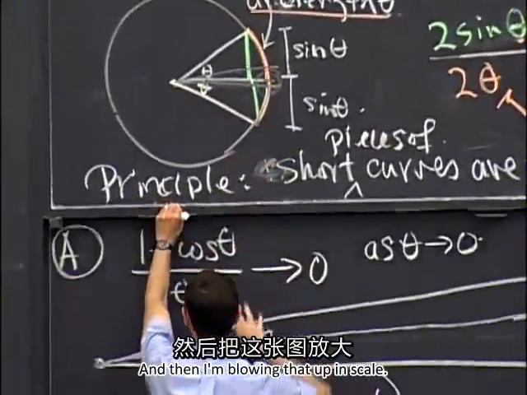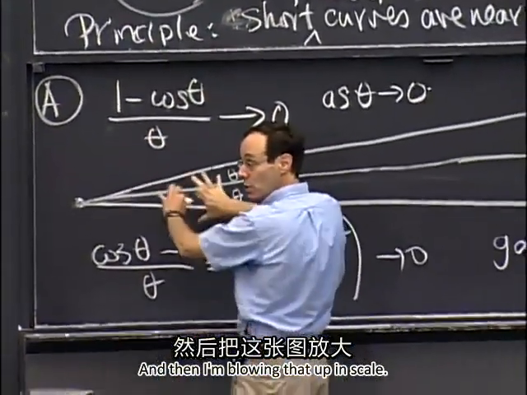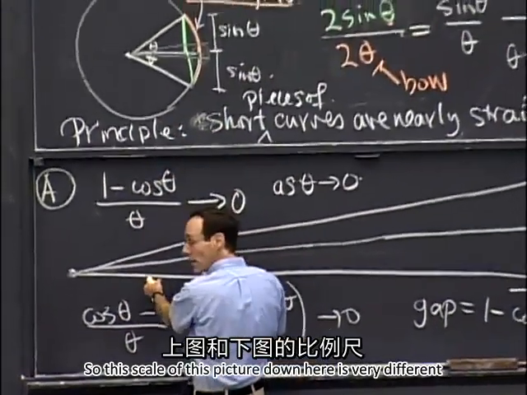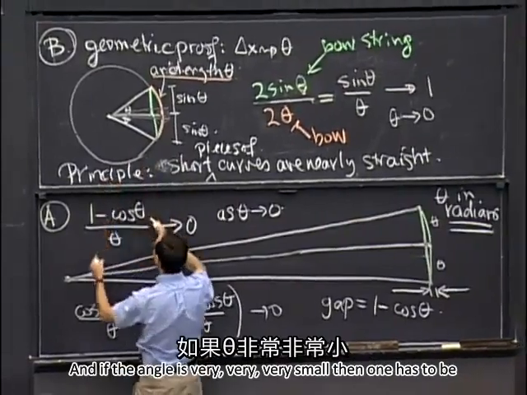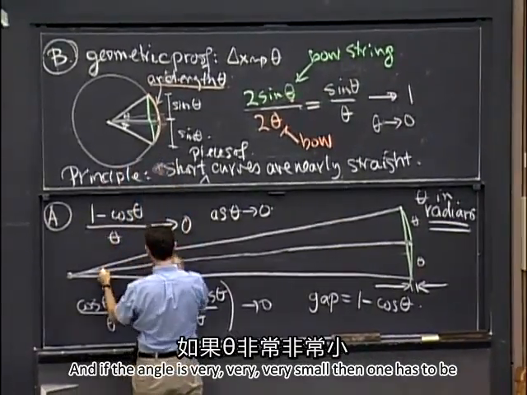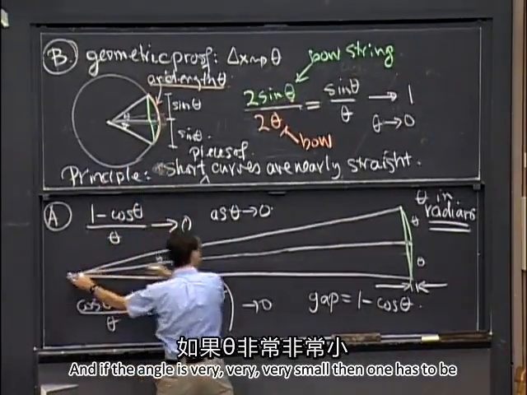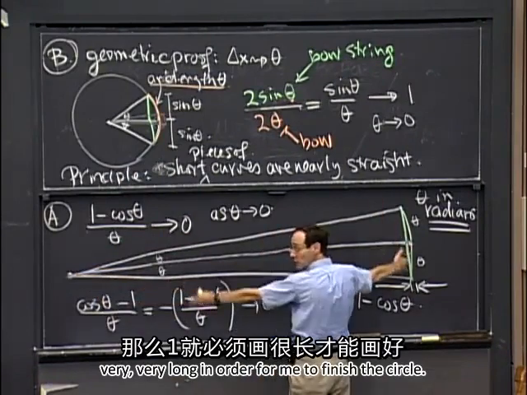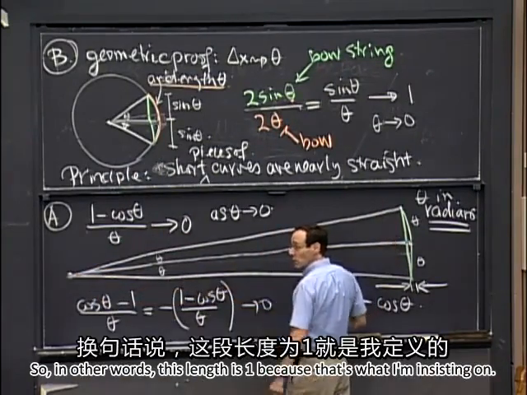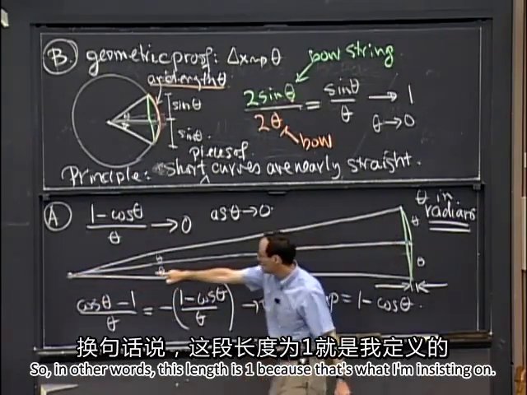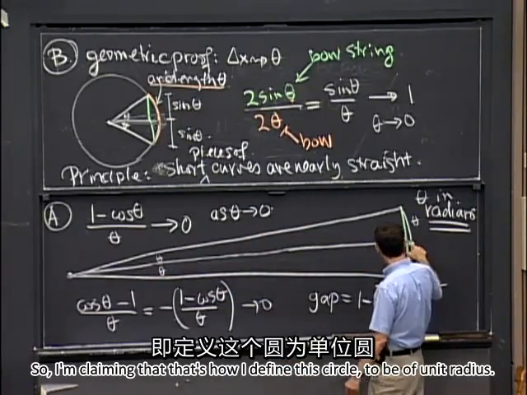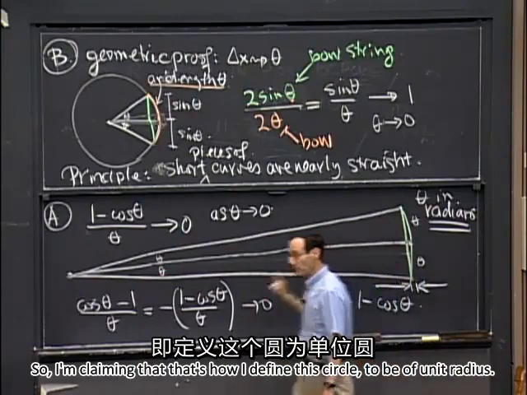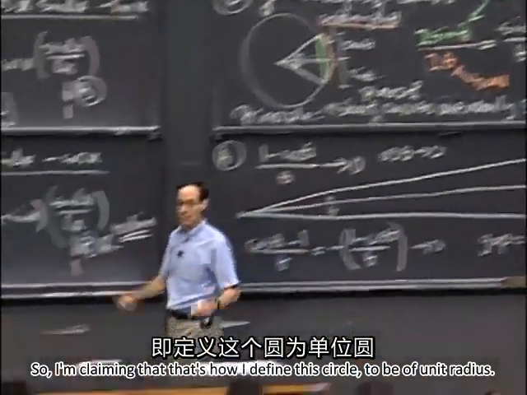And then I'm blowing that up in scale. So the scale of this picture down here is very different from the scale of the picture up there. And if the angle is very, very, very small, then 1 has to be very, very long in order for me to finish the circle. So in other words, this length is 1 because that's what I'm insisting on. I'm claiming that that's how I define this circle, to be of unit radius.